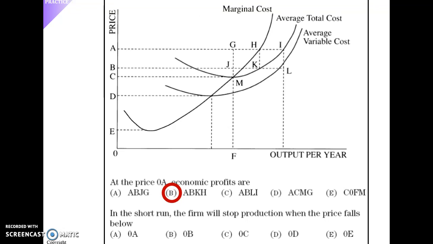So ABKH, because if the price is A, the place where A intersects the marginal cost is at H. In the short run, the firm will stop production. Remember, they'll stop production when the price falls beneath the average variable cost, and so that would be at OD.